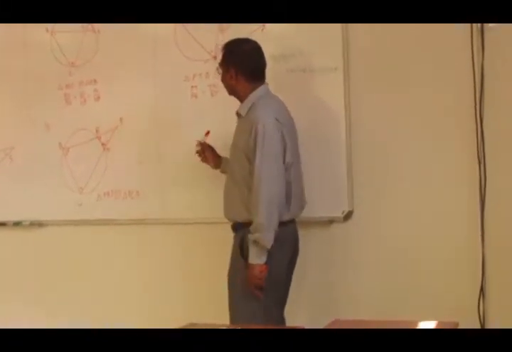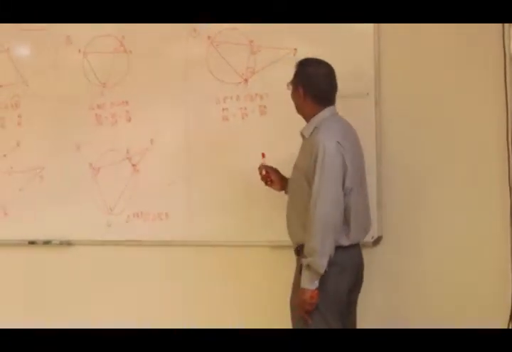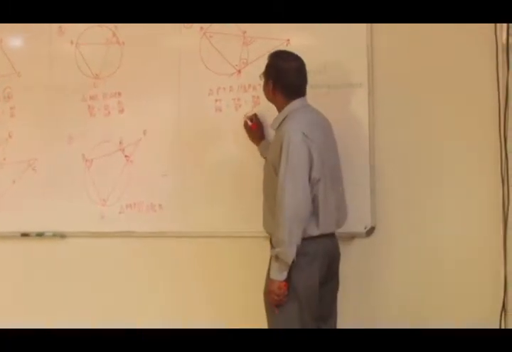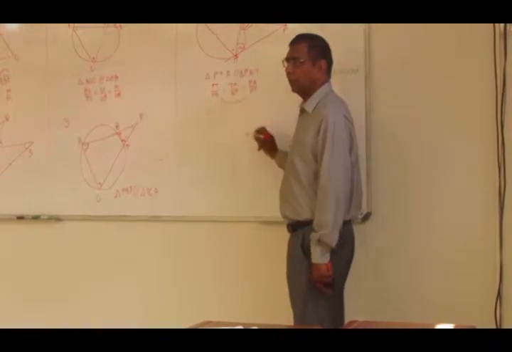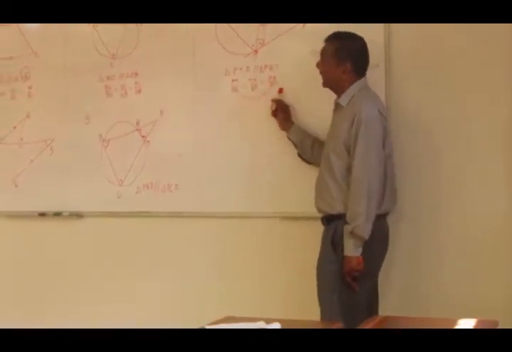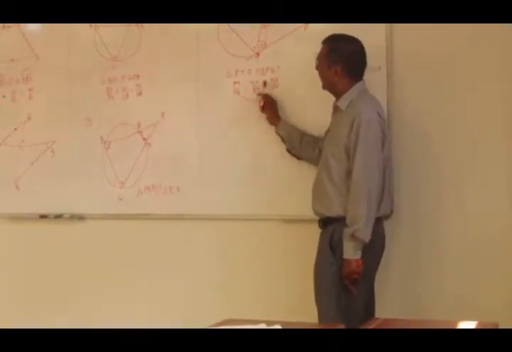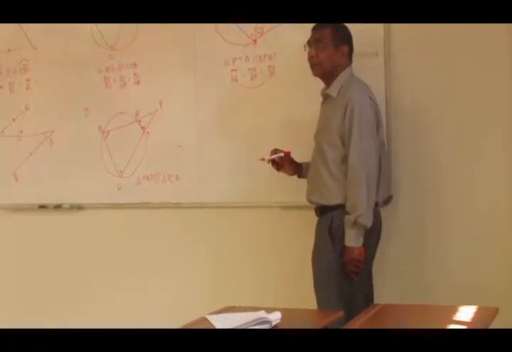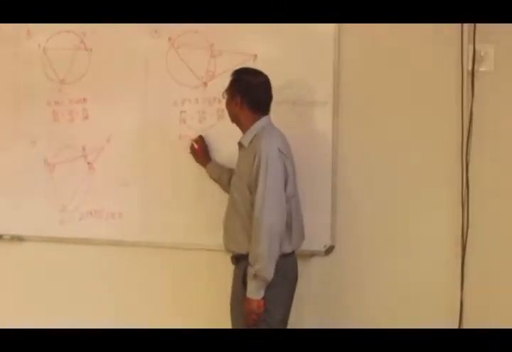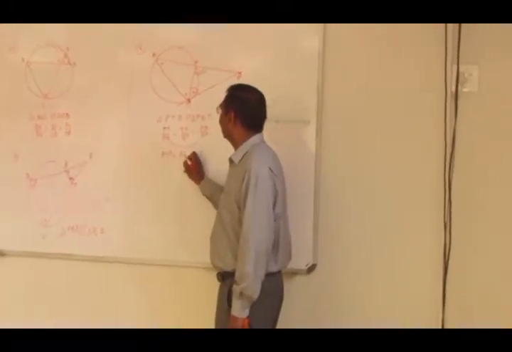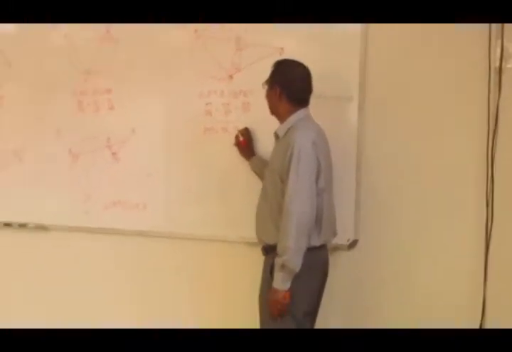That's right, isn't it? And now notice if we take these two, for the time being forgetting about that, from there I'll get PT squared is equal to PB times PA. You see that? PT squared is equal to PA times PB. Now let's look at it.